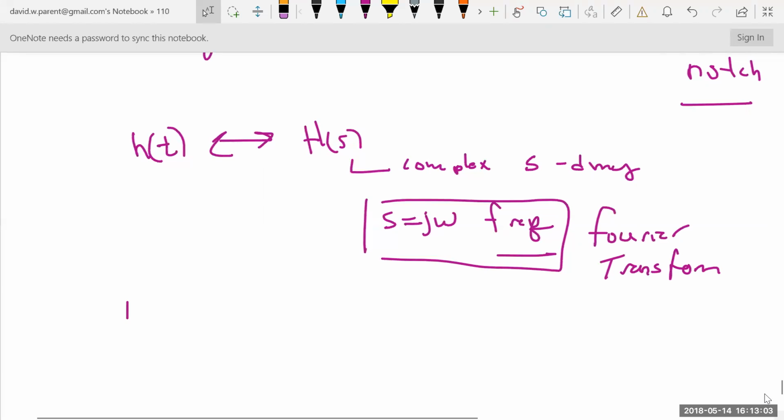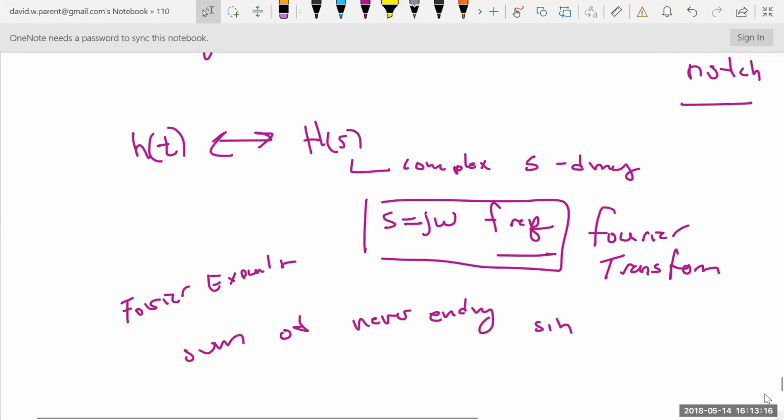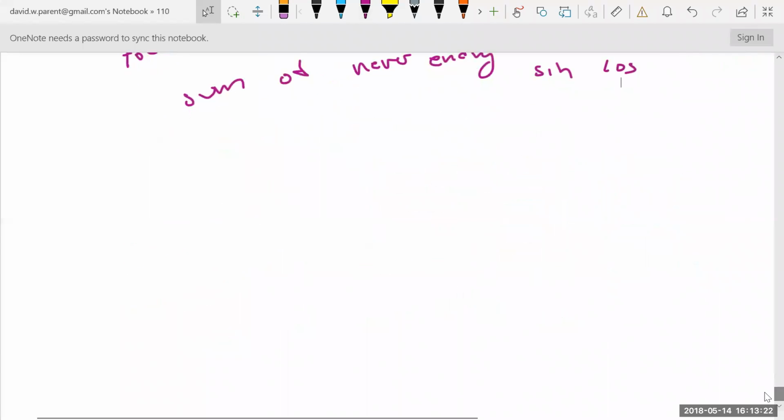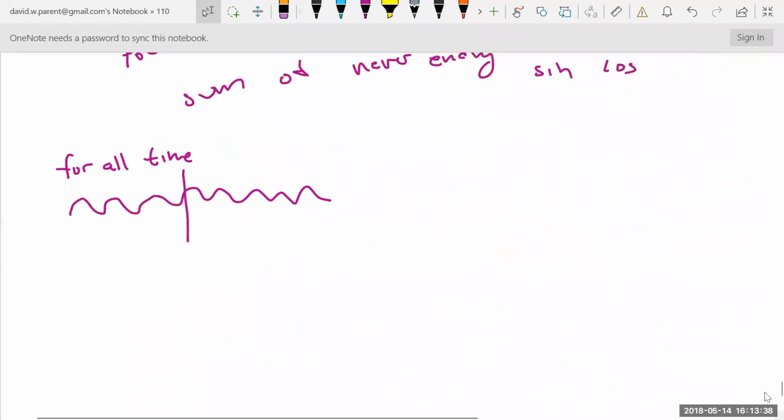But the Fourier expansion, right, is a sum of never-ending sine, cosine. And this, right, the Fourier coefficient expansion of a waveform, of a sine wave, right?